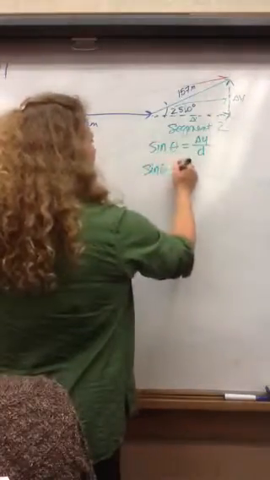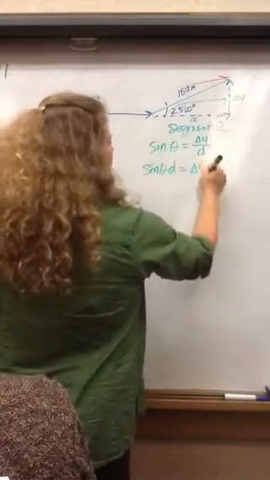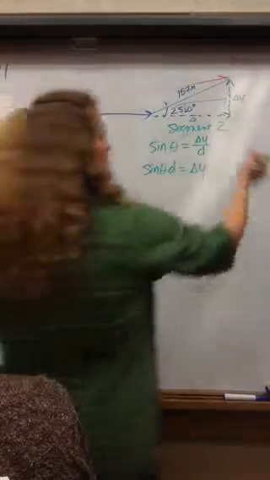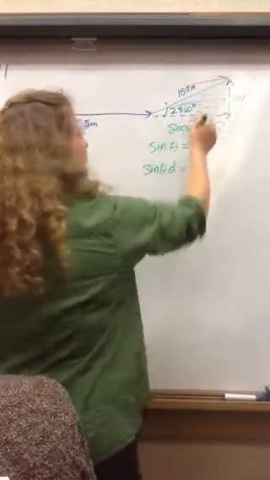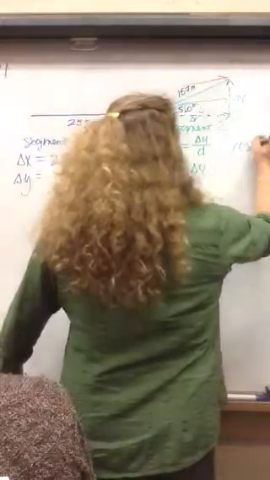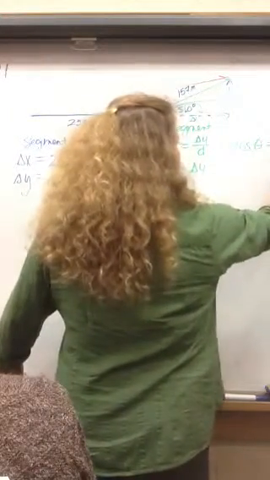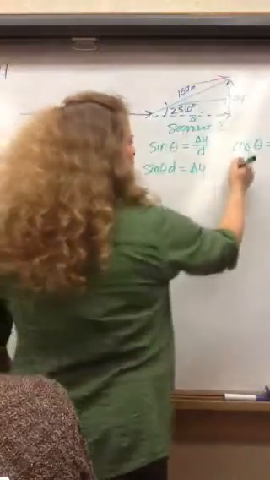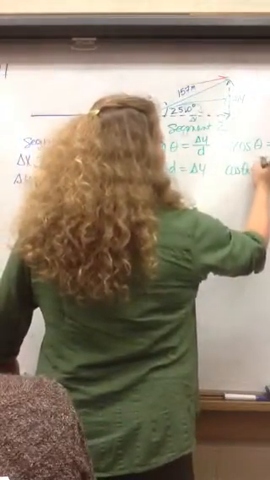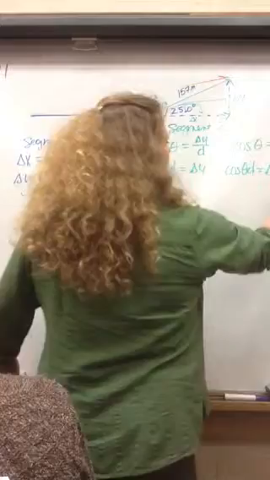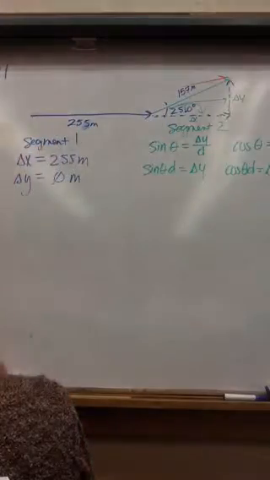Therefore, sine theta times displacement gives us our delta y. Likewise, cosine of theta is equal to delta x over our displacement, and cosine theta times d gives us our delta x.